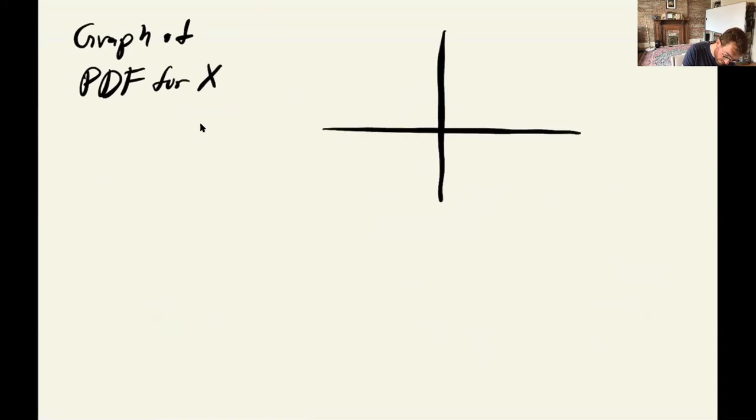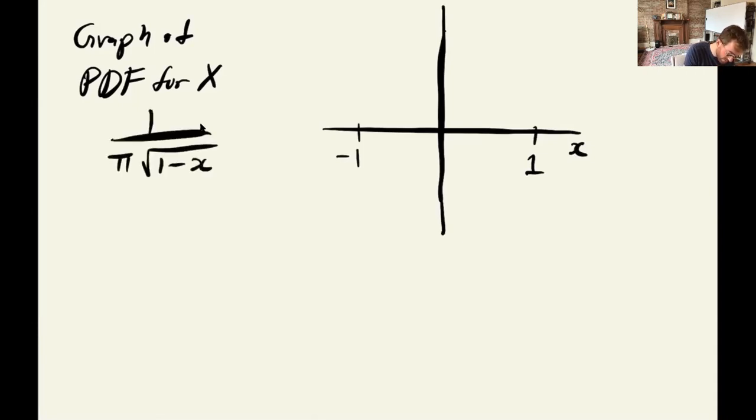So again, we've got values from -1 to 1, assuming we're looking at a circle with unit radius. So now these are our x values. And I want to graph the probability density. I have this 1 over pi square root of 1 minus x squared.